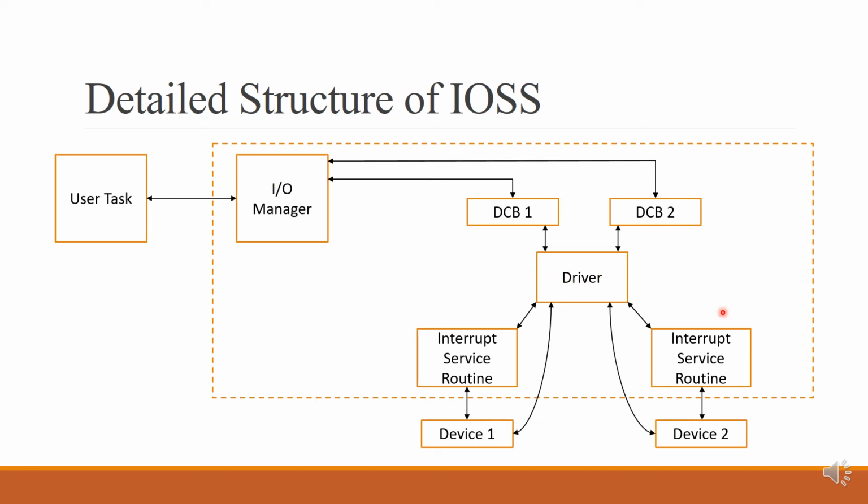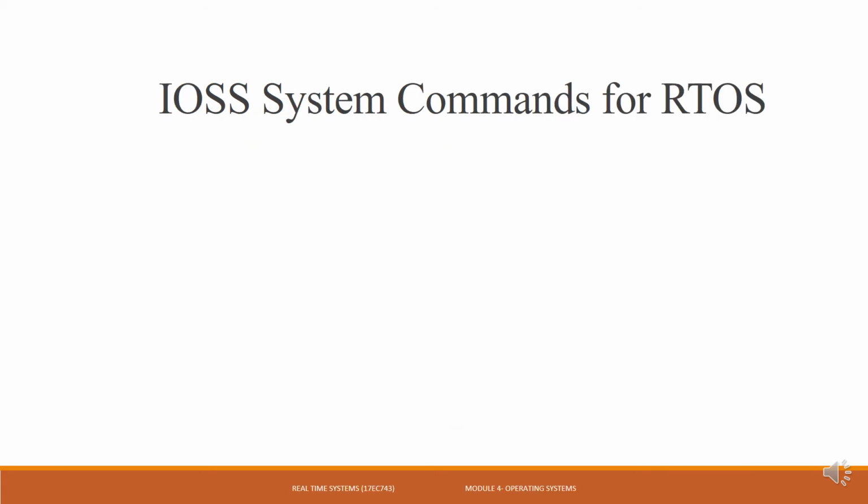In the detailed structure of IOSs, we can have a single driver software which is used to share the information between several devices. So a DCB can transfer, but the actual transfer is through this driver. So the DCB can send its information to device 1 or through the ISR. So this is the general structure of IOSs.